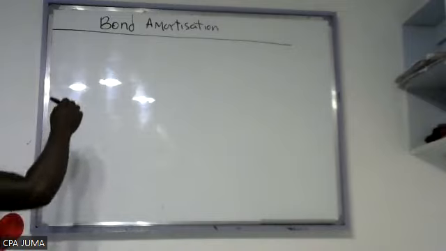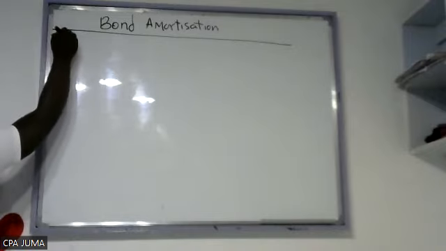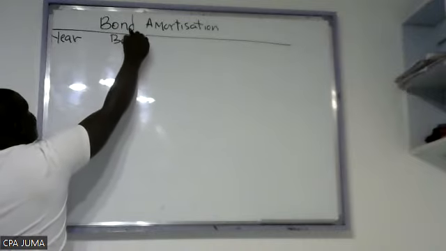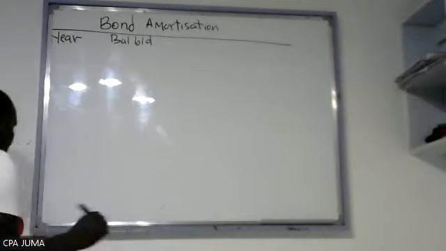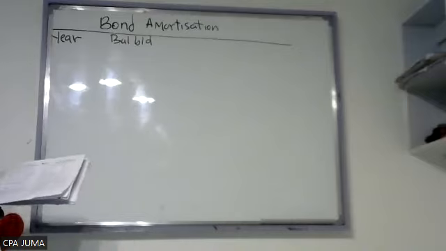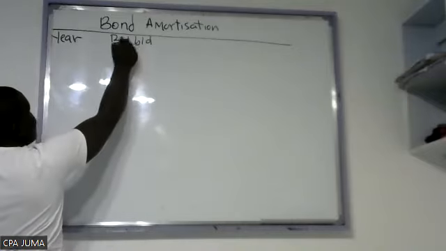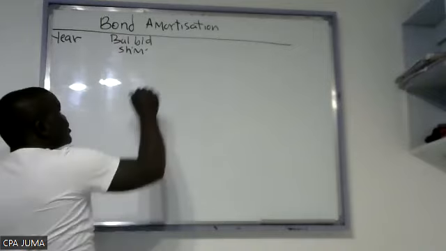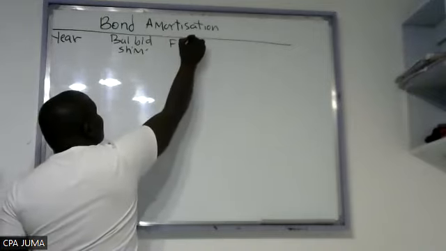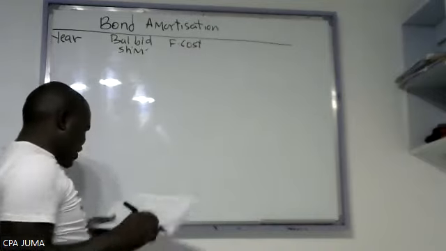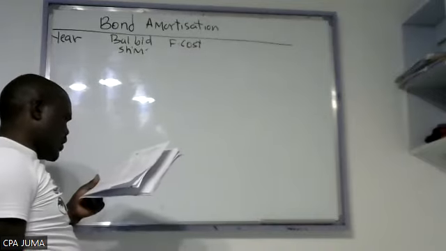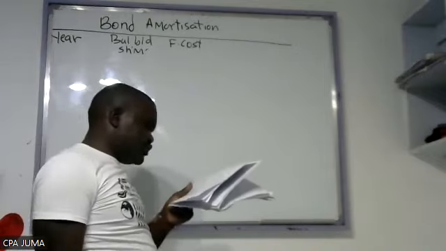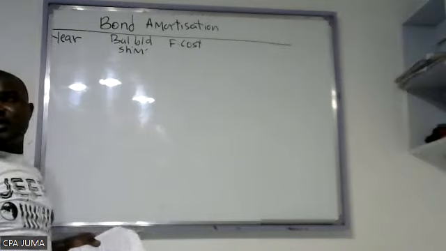So you can have there year, balance brought down, shillings are in millions. Then you will be charged finance cost. So finance cost is the effective interest rate, which the effective interest rate here is 20%.